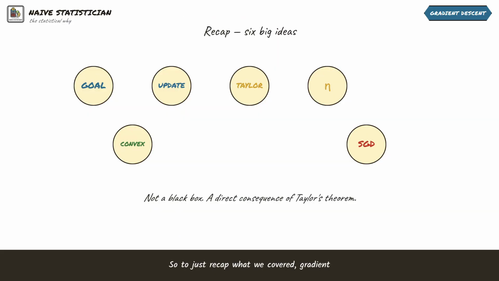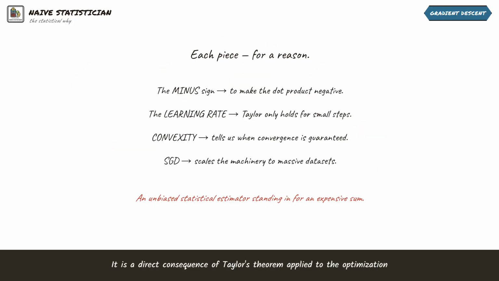So just to recap what we covered, gradient descent is not a mysterious black box theorem. It is a direct consequence of Taylor's theorem applied to the optimization problems that define every statistical estimator we use. The hill metaphor is just an intuition for the first order approximation. The minus sign in the update rule comes from wanting the dot product with the gradient to be negative.